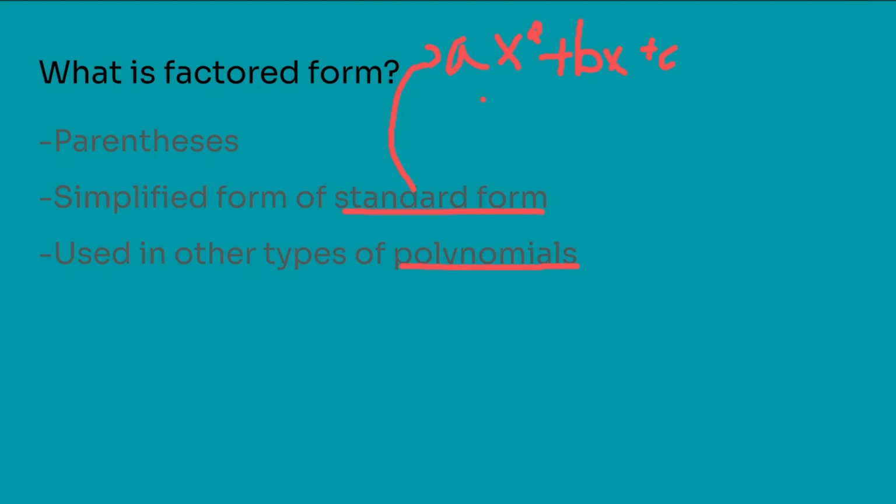The factored form is beep plus beep times beep plus beep. So let's fill in some of these with variables, just to make it easier on ourselves for our comprehension.